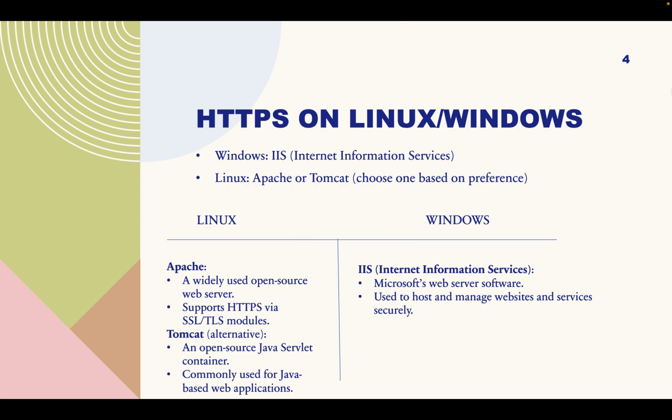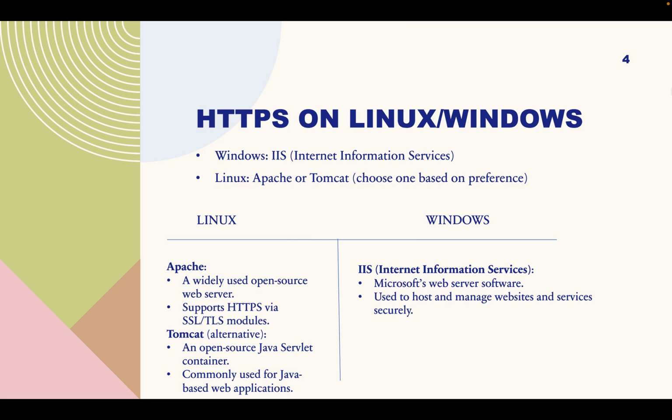On Windows, that would be IIS, the Internet Information Services, and in Linux, it'd be Apache or Tomcat. Apache is a widely used open source web server, and it supports HTTPS, or you can use Tomcat.